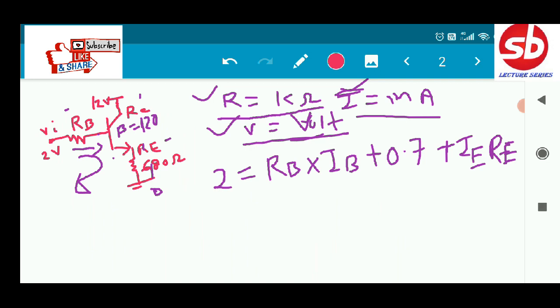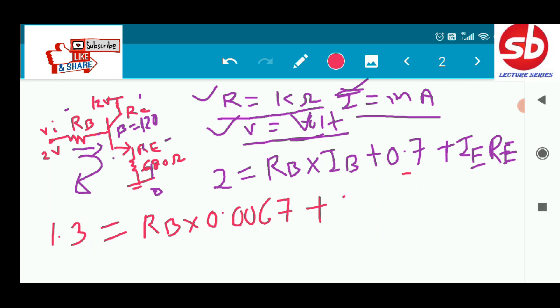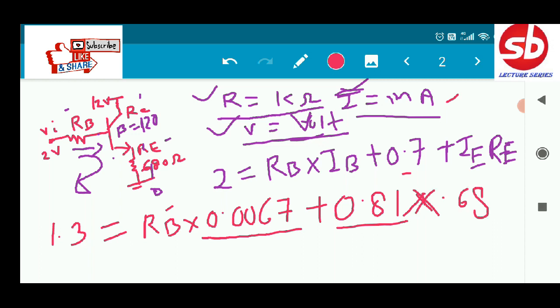Just put these values here. So 2 minus 0.7, that is 1.3, equals RB into 0.0067 plus 0.81 into RE. Here 0.81 and 0.0067 are in milliampere, and whenever resistance is in kilo ohm, the 680 ohm must be converted to 0.68 kilo ohm.